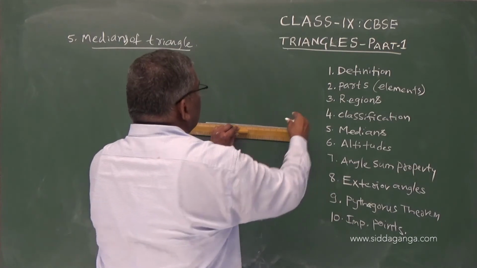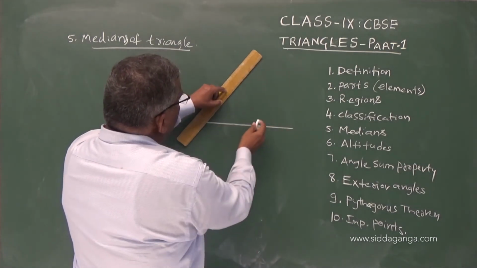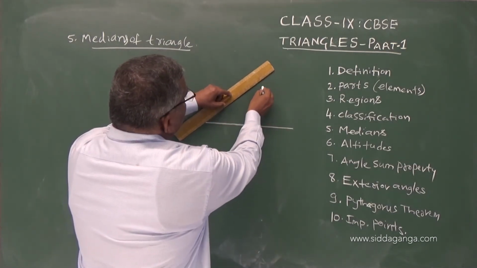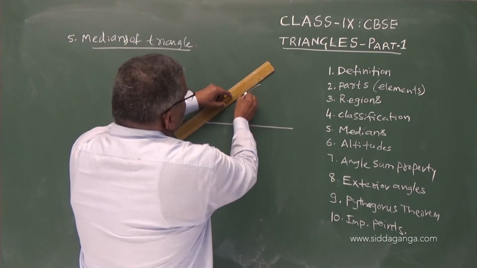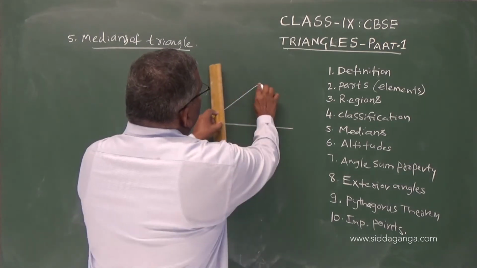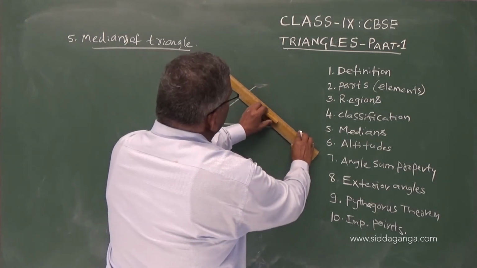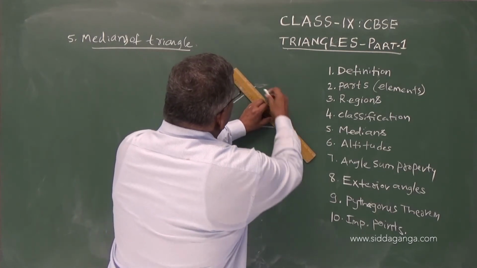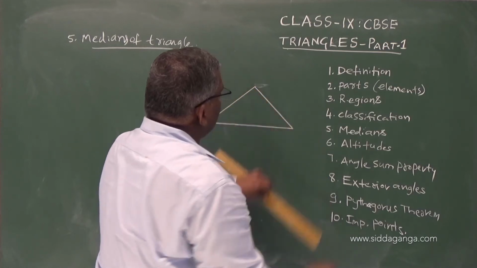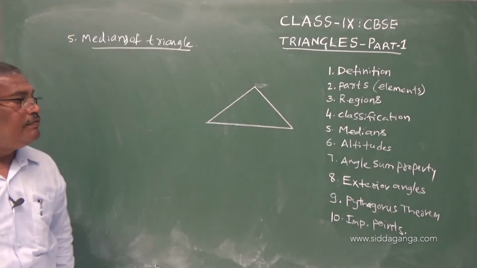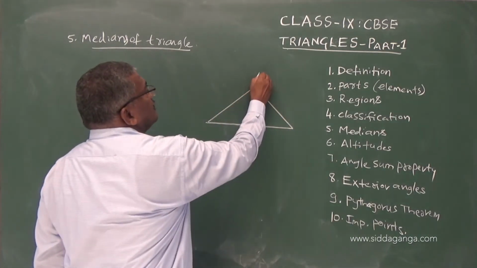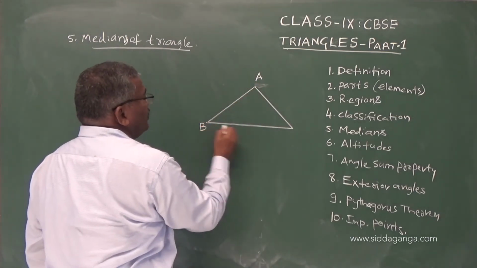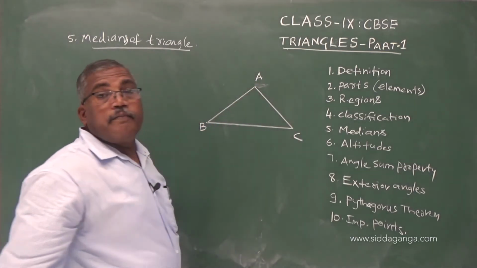So this is triangle ABC. I will call these point A, point B, point C.